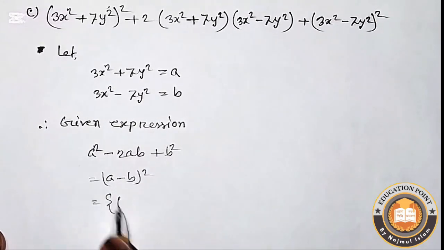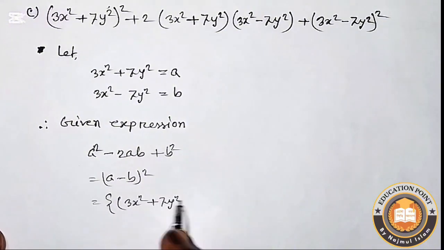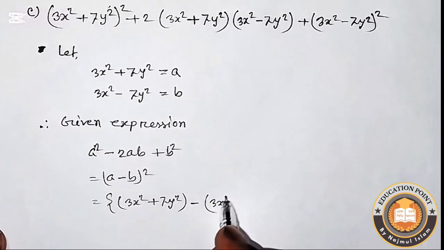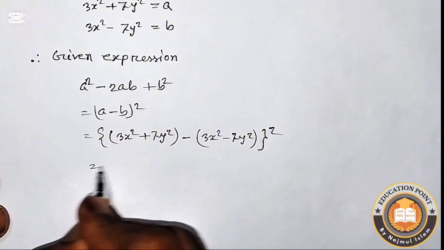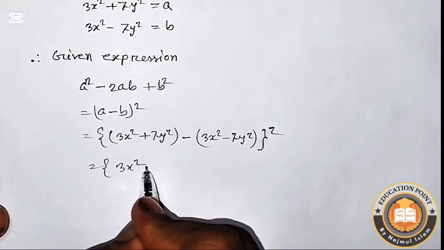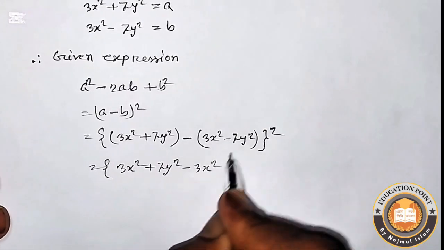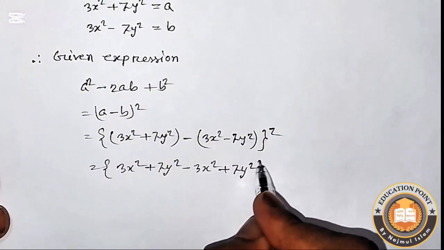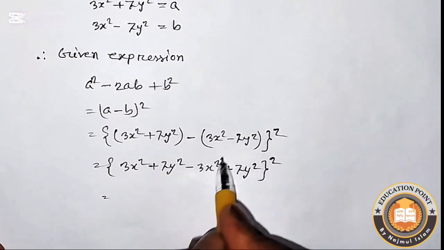Value of a equal 3x square plus 7y square minus value of b as 3x square minus 7y square, then whole square. 3x square plus 7y square minus 3x square, minus multiply minus plus 7y square, then whole square, plus 3x square minus 3x square equals 0.